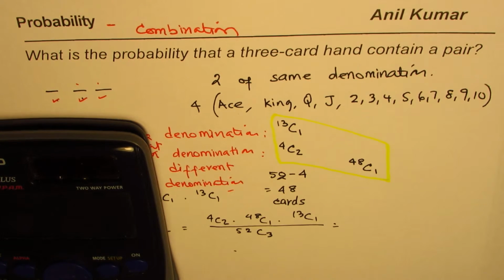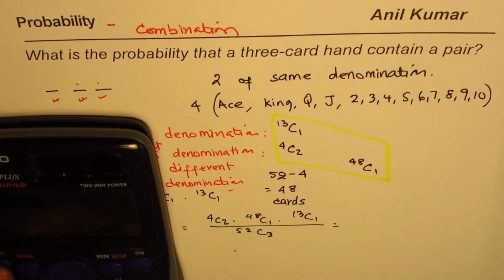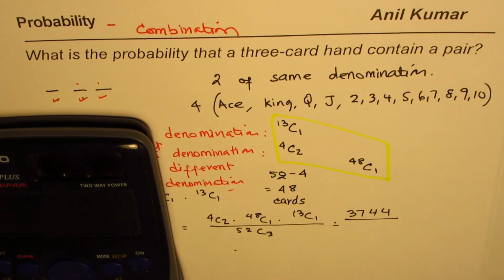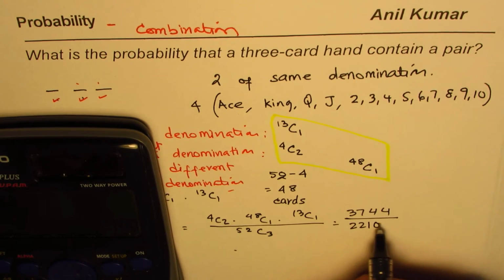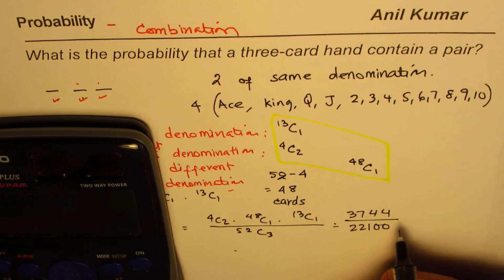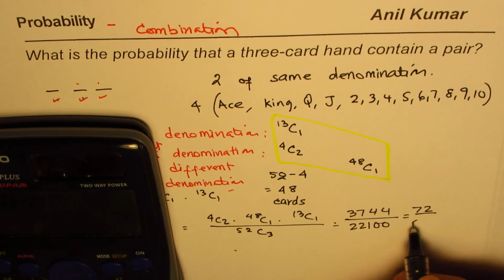So it is 4C2 times 48C1 times 13C1, which is equal to 3744 divided by, so first we'll just find what 52C3 is, right, and that is 22,100, and then we'll do the division. 3744 divided by 22,100, and that is 72 over 425.